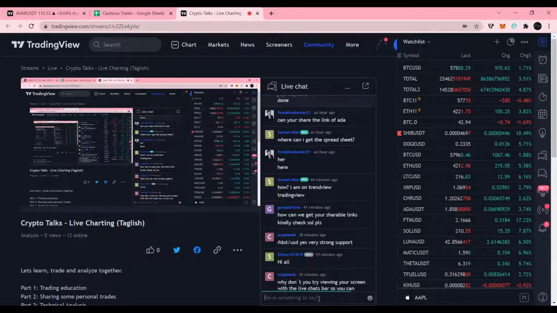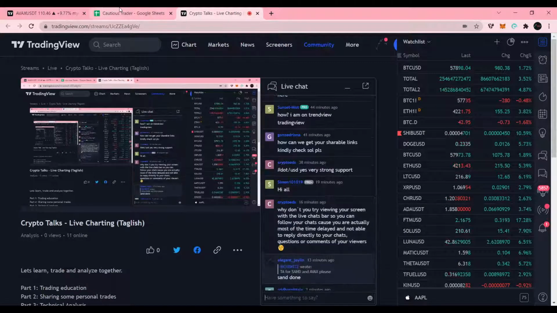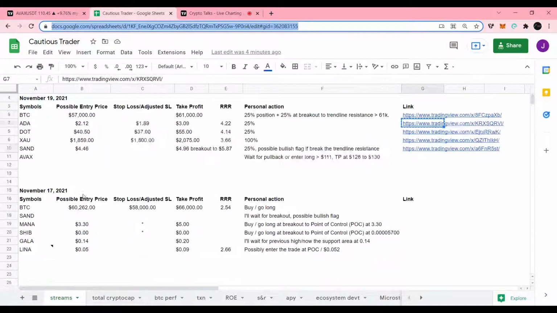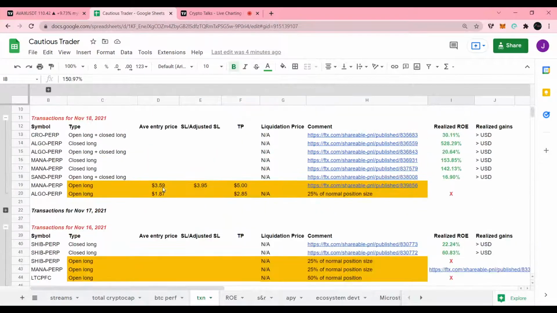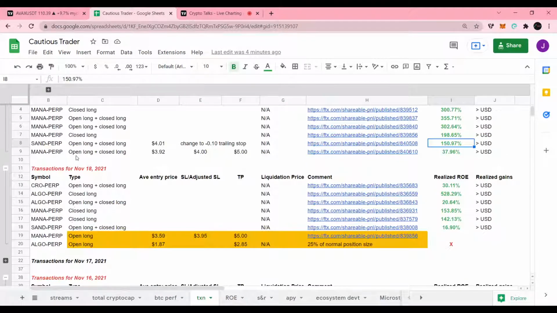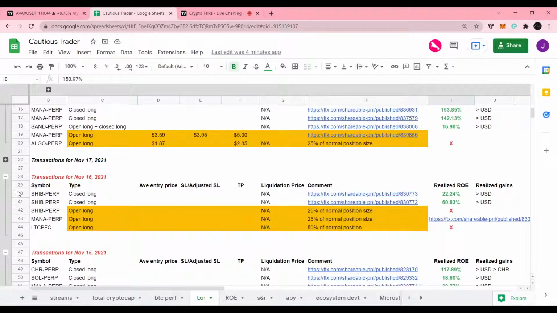It's a shareable spreadsheet. Though from time to time I'm adjusting it, and except for my personal trades, as long as I already close all of it on that particular day, I'm closing it.